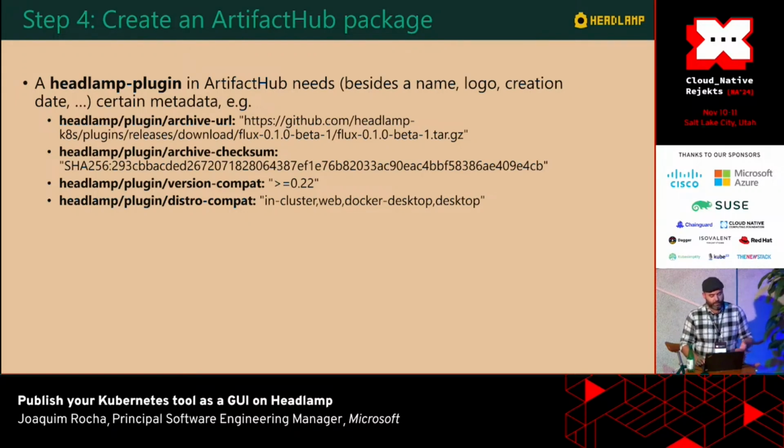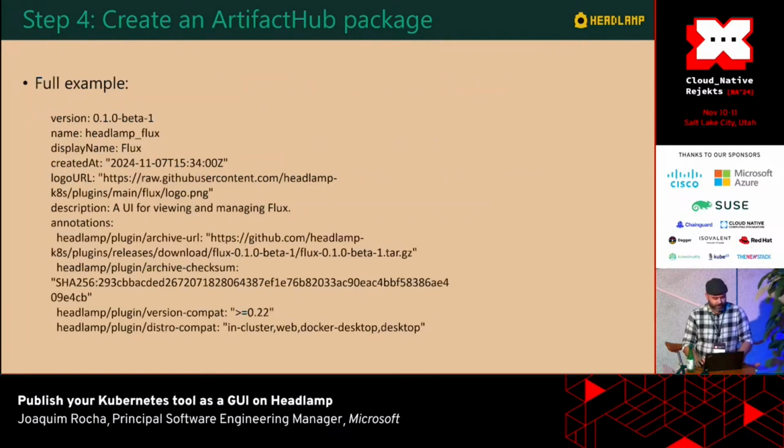And then the distro compat is a way for us to tell Headlamp, you know what, this plugin only works on desktop, not on the web, or this one doesn't work on Docker desktop. I think we're not actually checking all of these, but it's a future thing, so you might as well add these there. Yeah, and this is the full example, for example, for Flux.